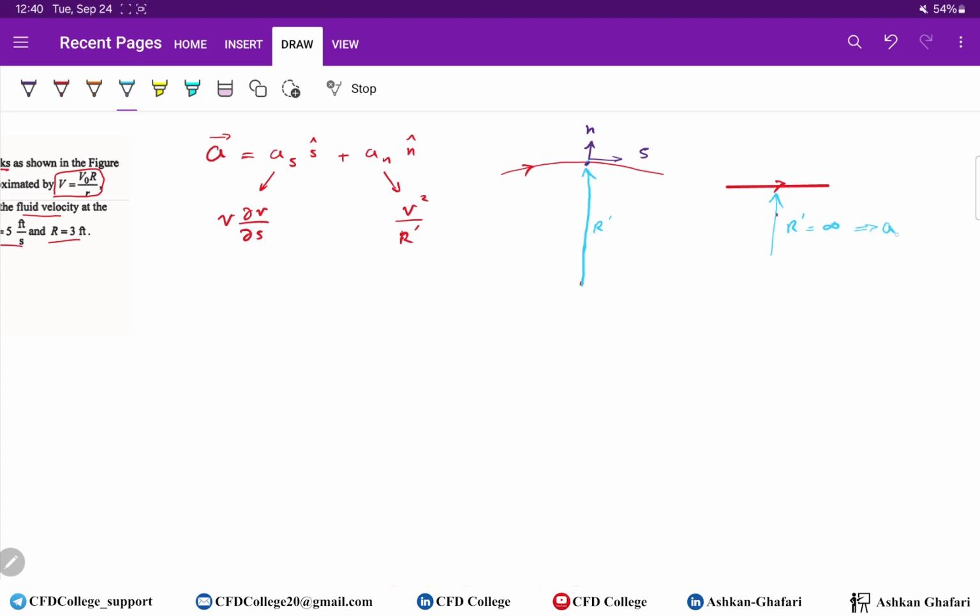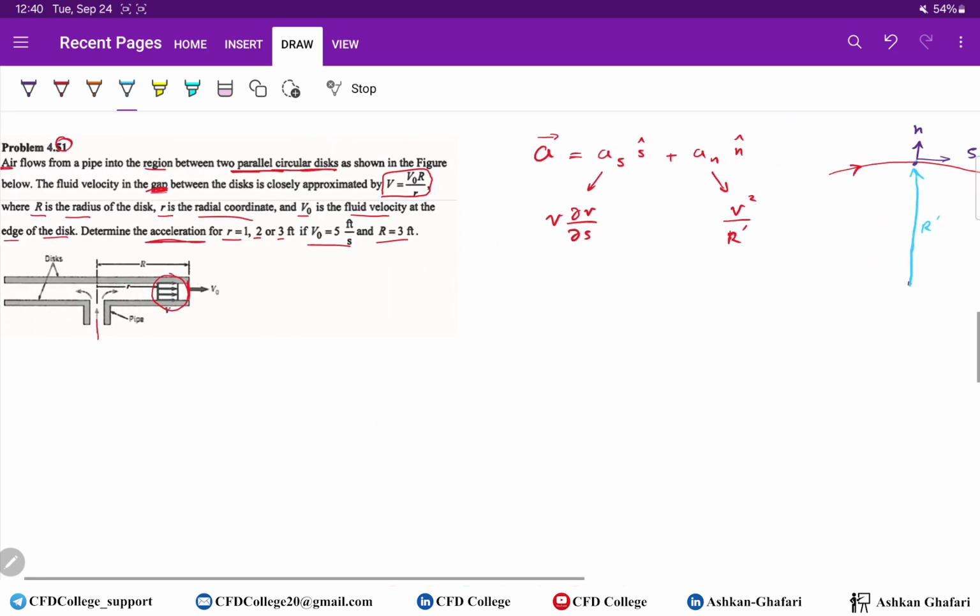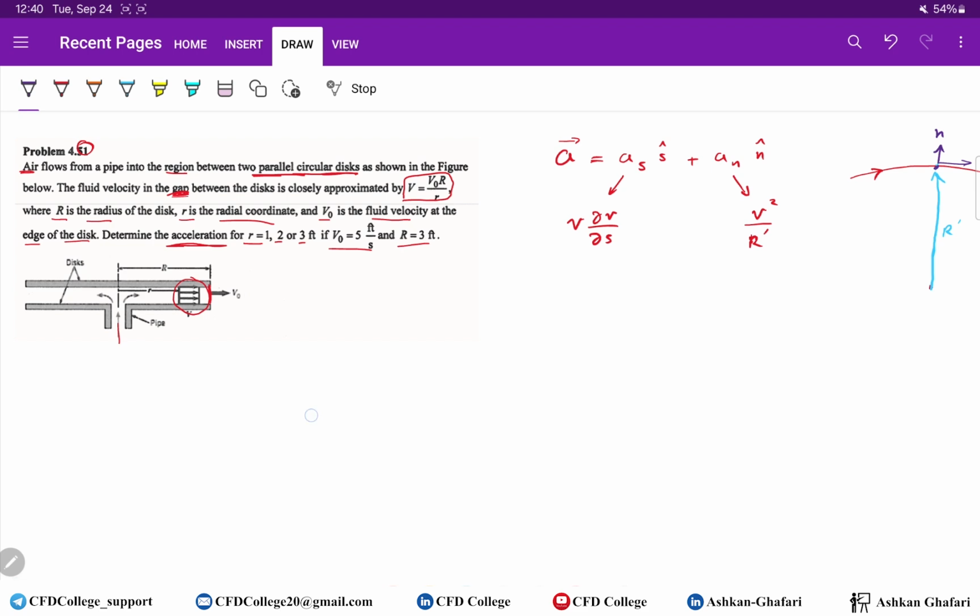So an for a straight streamline equals 0, because an equals v square over r prime, which is the radius of the curvature, and for a straight line r prime is infinite. So an is 0. Let's get back to this problem.